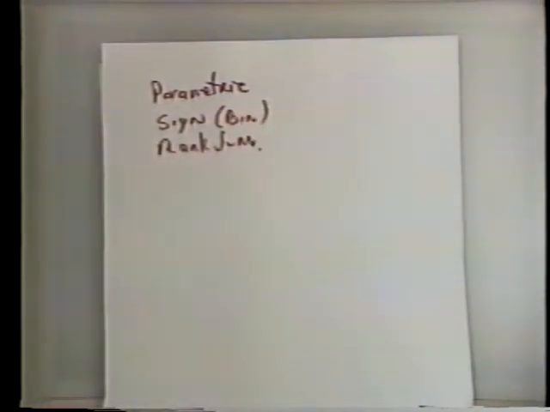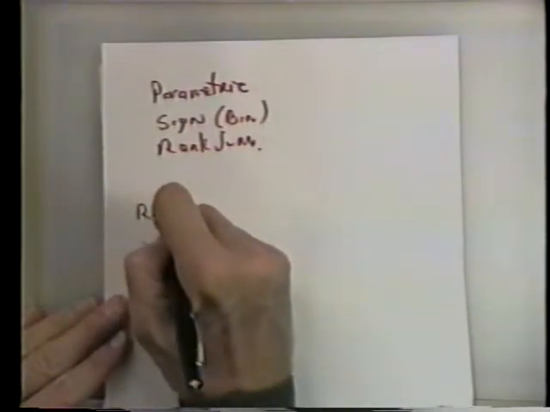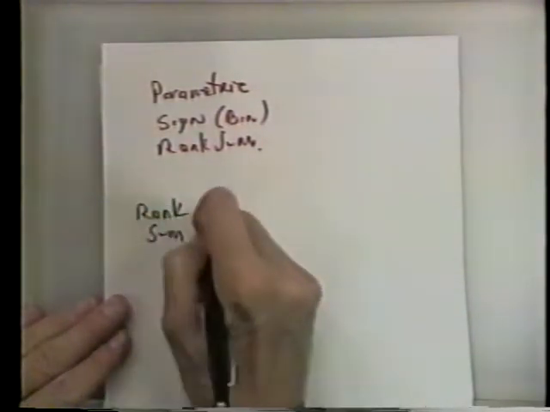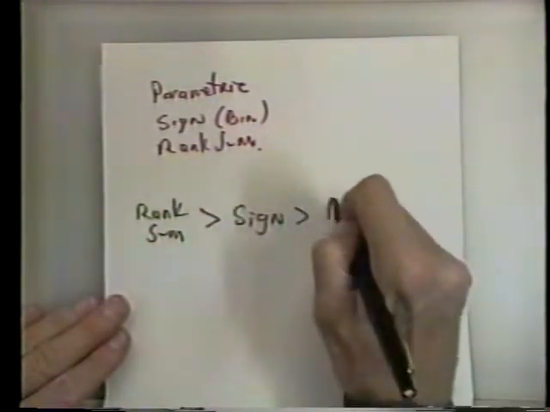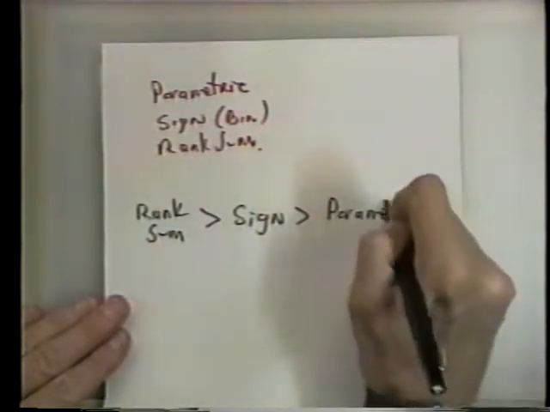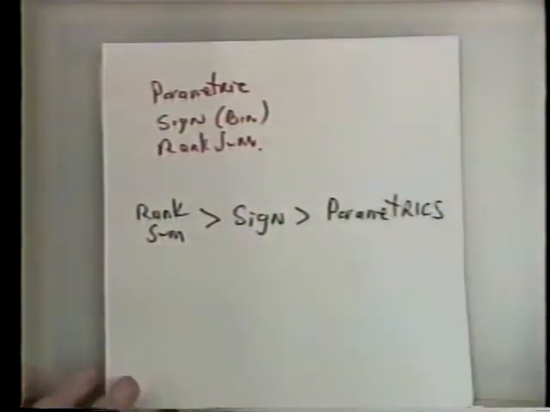And I would rate them in the following order. I think that the rank sum test is better than the sign test, which is better than parametric tests. And let me see if I can say why.